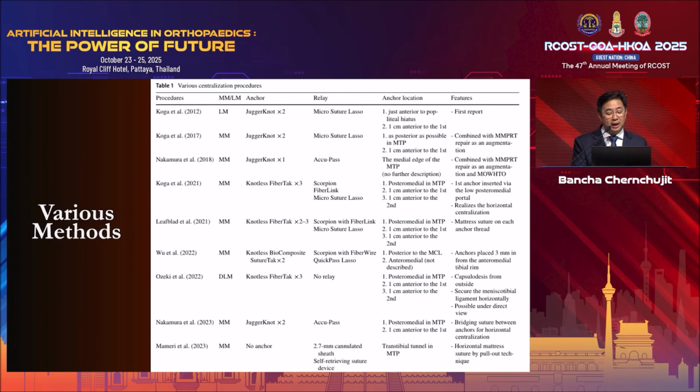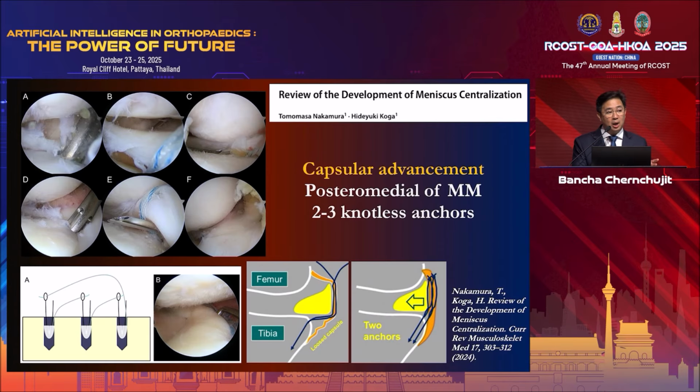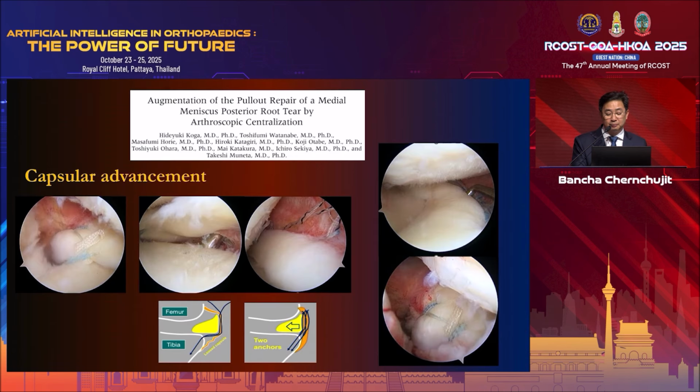About the surgical techniques, there are various techniques, but the one that is very popular is from Japan, Dr. Koga. He used 2 or 3 anchors to centralize the middle meniscus and posteromedial corner, with capsular advancement in a horizontal plane centralization technique.